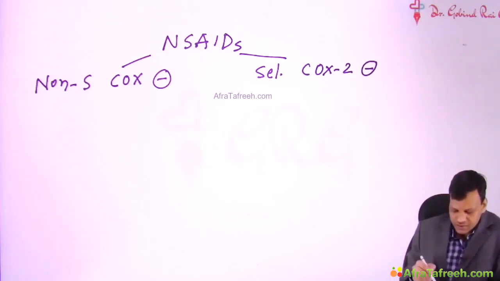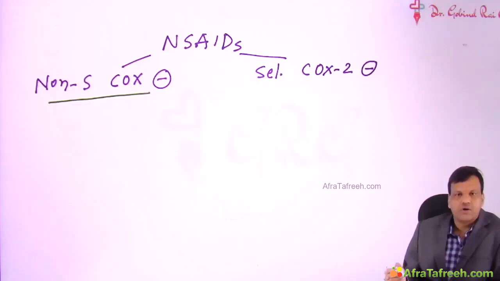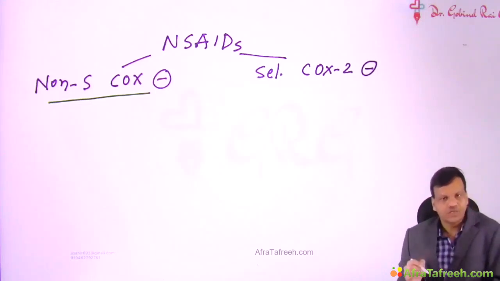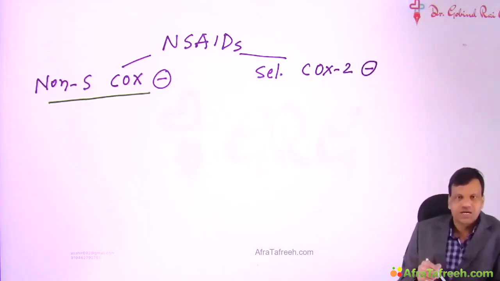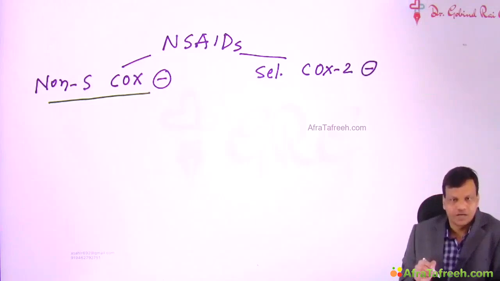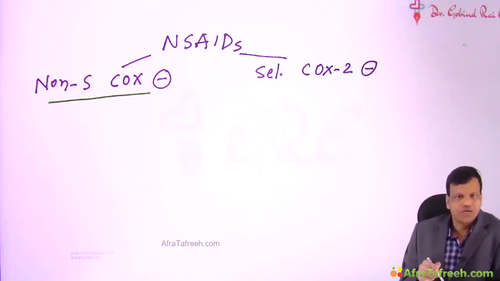The basic difference between these two drugs will be non-selective drugs will also inhibit COX-1. That means they can interfere with normal functions also. And the most important function you need to recognize is that prostaglandins, particularly prostaglandin E2, protect the stomach. So when we inhibit COX, prostaglandin will not be produced in the stomach, so there will be no protection.